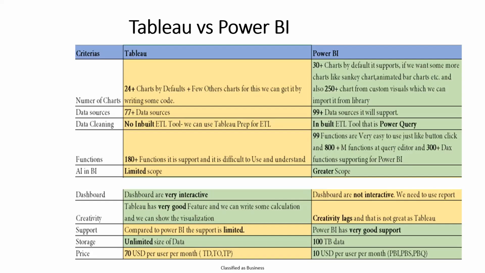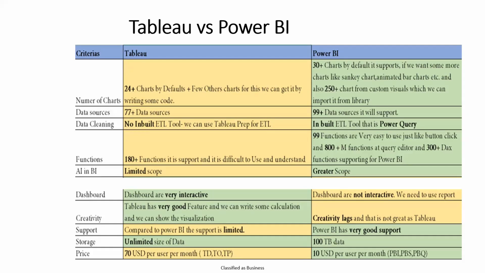And 800 plus M functions are there. We are not going to discuss all 800 plus, but we are going to discuss the M functions for data cleansing which are important as per usage. Mashup functions are there for data cleansing only.